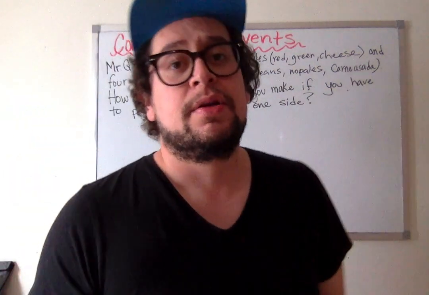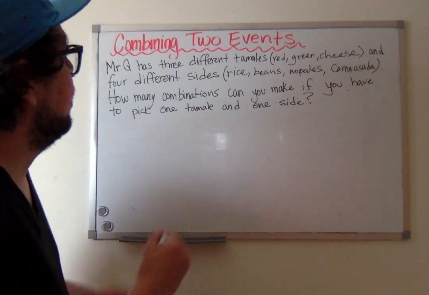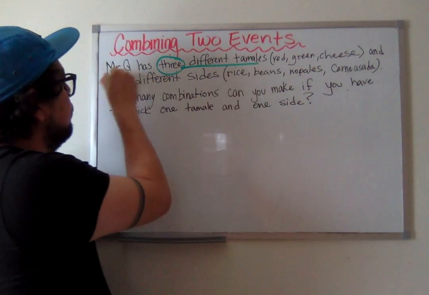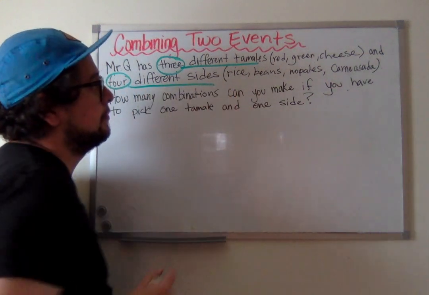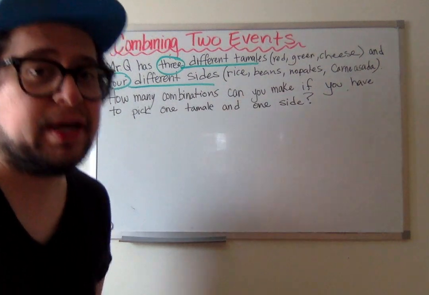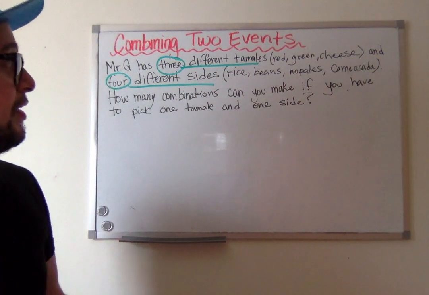Okay, so we have a couple things here. We have three different tamales and we have four different sides. Those are the two categories that we're trying to combine to make a combination of events.